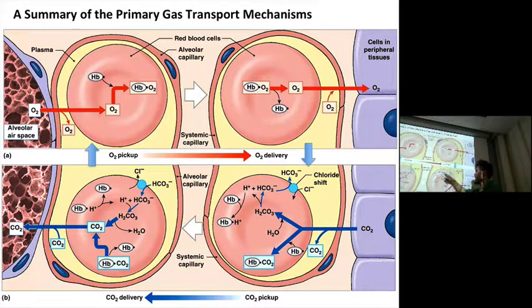All right, and then this bicarbonate gets shipped out of the cell in what's called the chloride shift. The chloride shift. So we have parity of charge by shifting one bicarbonate out, one chloride in. Goes through the blood, and we just do everything backwards. We offload the chloride at the lungs, import the bicarbonate, reform the carbon dioxide. Carbon dioxide comes off the hemoglobin as well, diffuses out into the surface of the lungs.